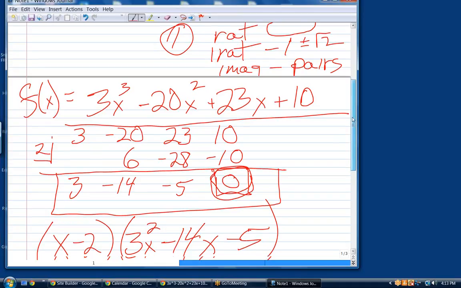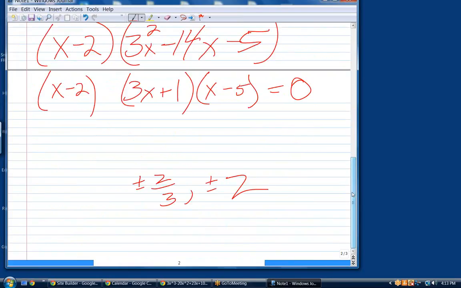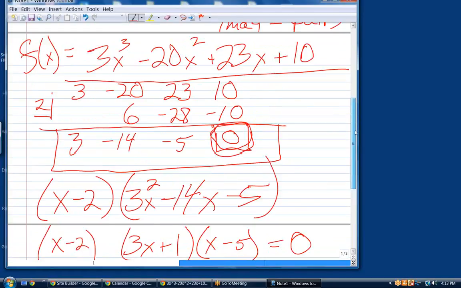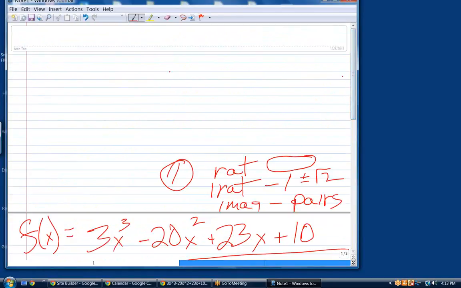So this little process works great on cubics. When you have quartics, there isn't necessarily one rational solution. You could have 2 complex and 2 irrational. So the rational factor theorem, you could spend a half an hour on a quartic searching out all 16 possible factors, and none of them might be correct.